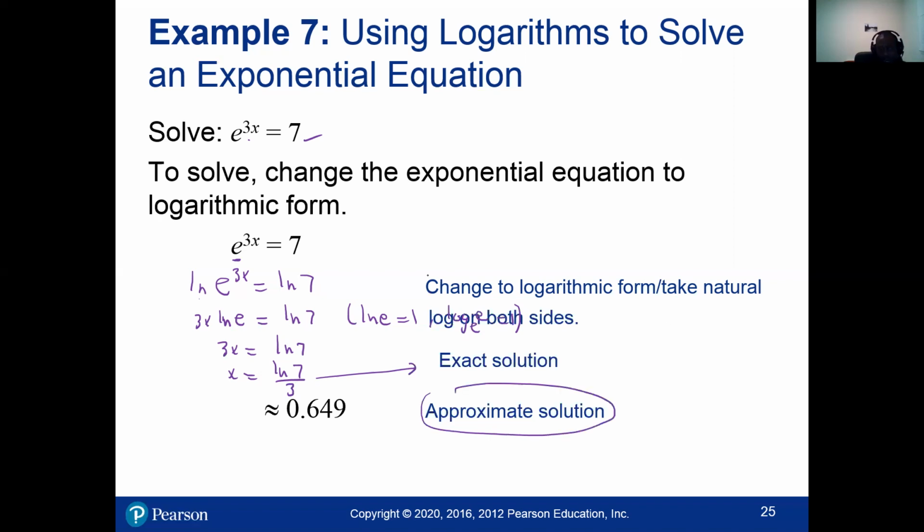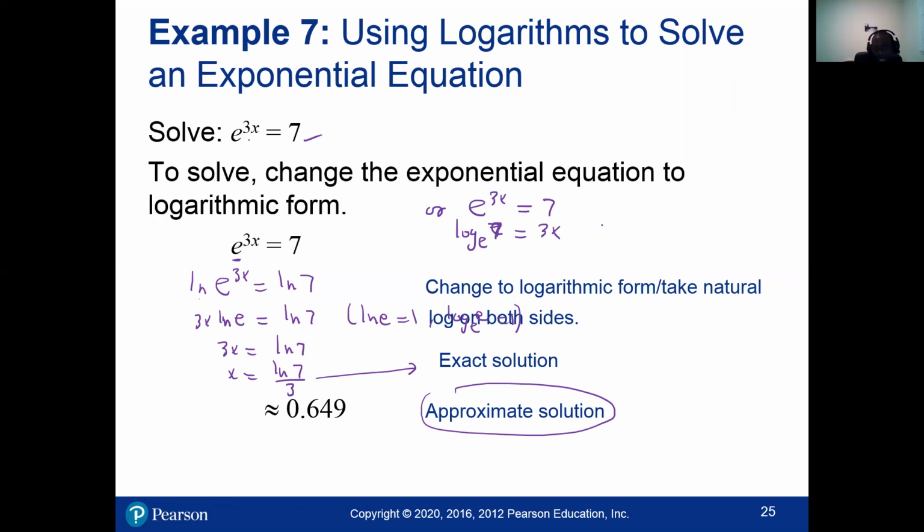Either you take natural log, or you have e raised to 3x is equal to 7, and we write it in logarithmic form, which will be log base e of 7 is equal to 3x.